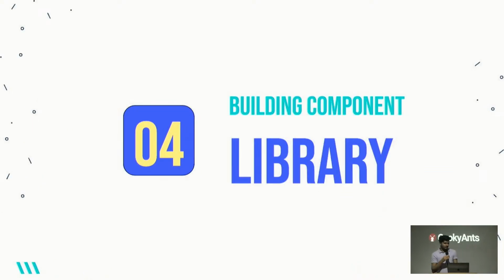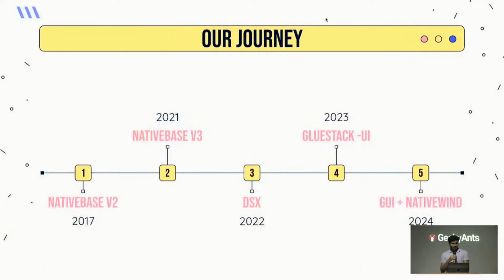Yeah, but we all know that as you scale, Tailwind doesn't scale as much, because you require certain design guidelines, design systems, and a component library on top of it to bring your own brand value and your entire ecosystem. So before that, let's see our journey as GeekyAnts in this ecosystem of generating component libraries.